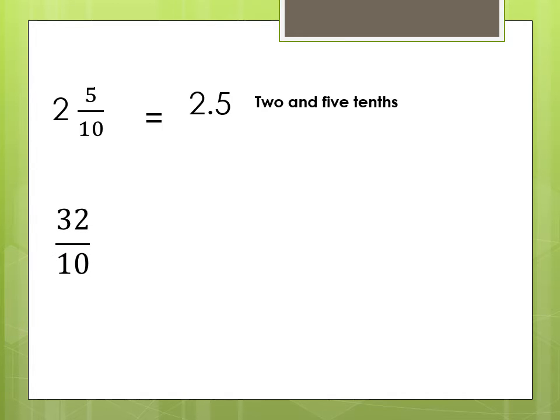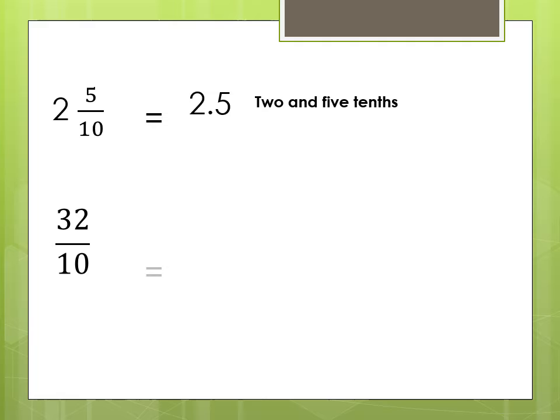Okay, let's take another example. If we have 32 over 10. Wow. How can I write it? We have 2 digits in the numerator, but we have the denominator 10. So I can write any fraction in decimal if we have denominator 10. I will put the point after the first number from the right.